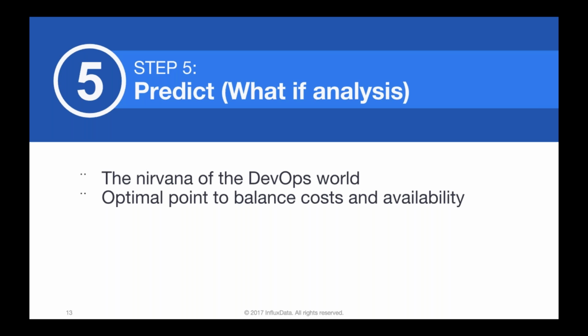So this is really the final step, using the information that you've been gathering in the previous steps to predict and proactively fix and solve issues before they become major problems.